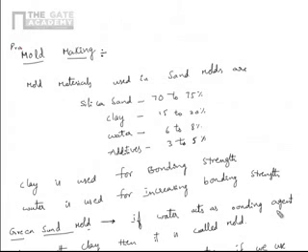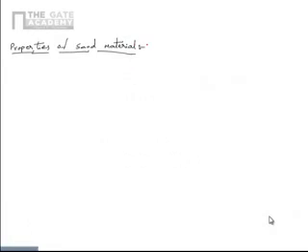Properties of sand material. Sand is a major component, silica sand, so for that we need to give more importance. What are the properties of sand material? First one is porosity.